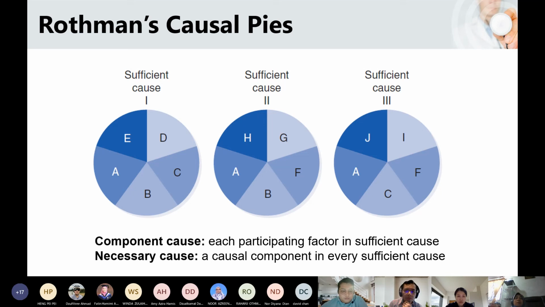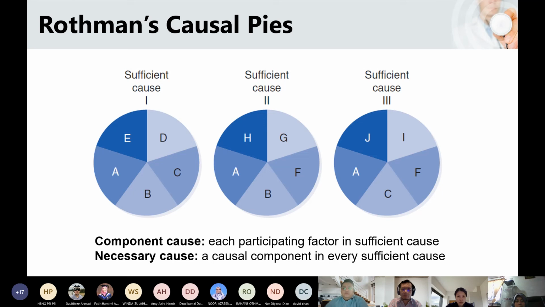But Rothman used all the definitions to create a causal pie. A causal pie is just like a pie or a pizza. All these factors are considered as sufficient. All these are components, each participating factor in a sufficient cause, meaning that all of these need to be present and it is sufficient to cause a certain disease.